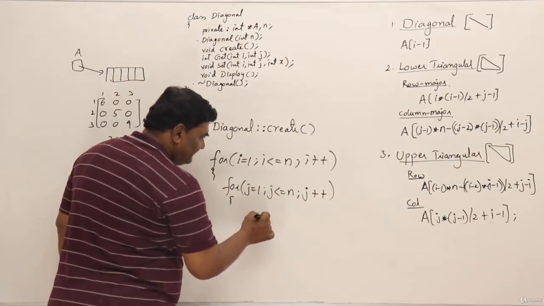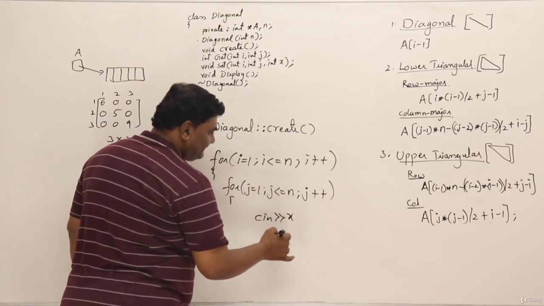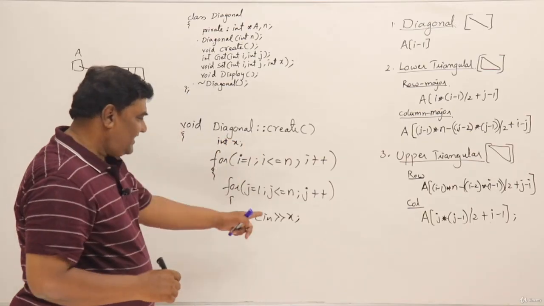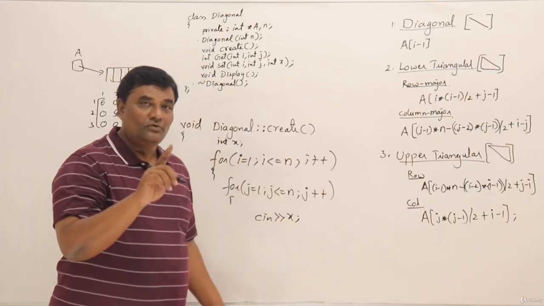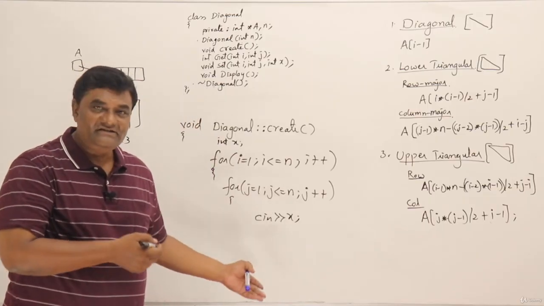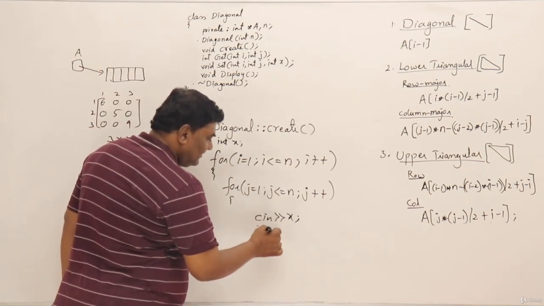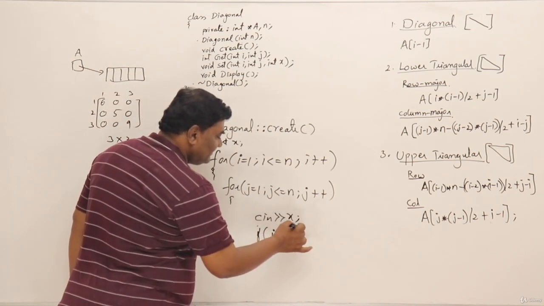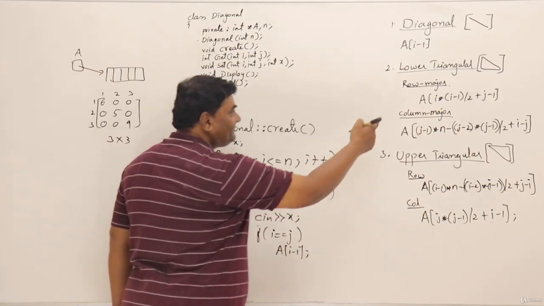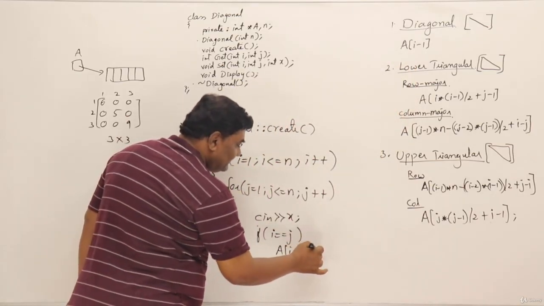Then read the value in some variable. cin into x. So I need one variable here. Now, this value will be non-zero only if i and j are equal. Otherwise, it is a 0. So I should check the condition that if i is equal to j, then in A of i minus 1, see this is the formula, i minus 1, assign x.